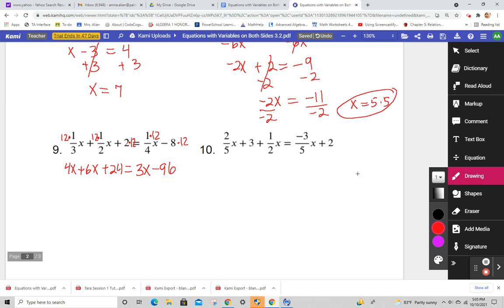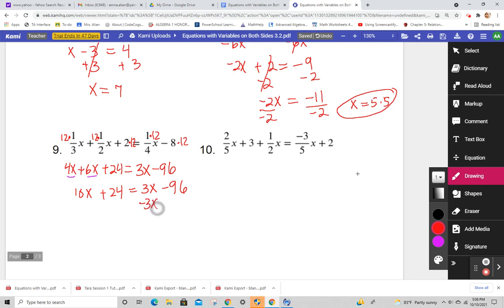Okay, we got rid of all the fractions. We do have like terms here and here. We can put those together to give us 10x plus 24 equals 3x minus 96. Now we're ready to get all the x's on the same side.